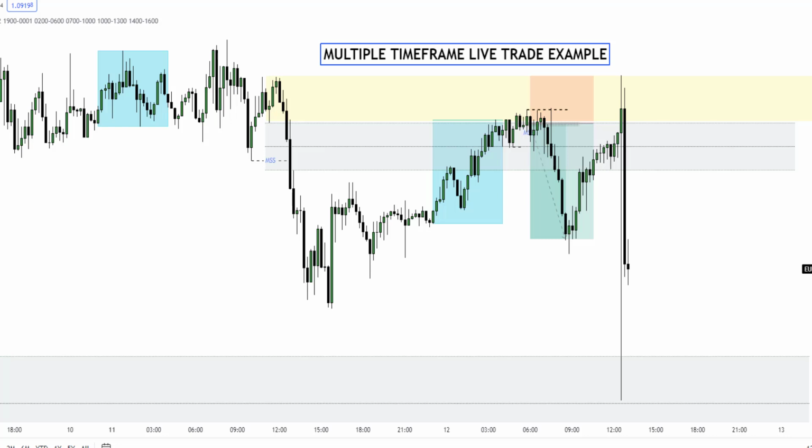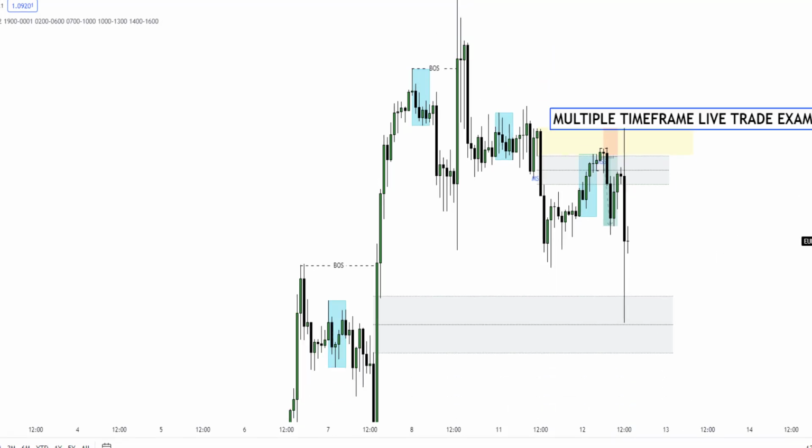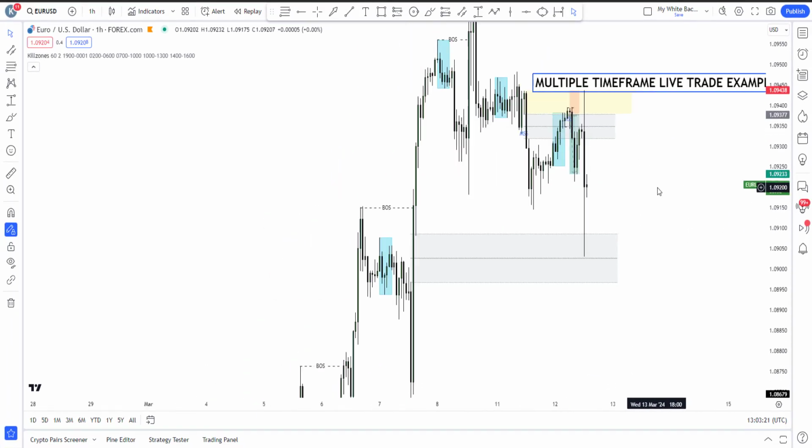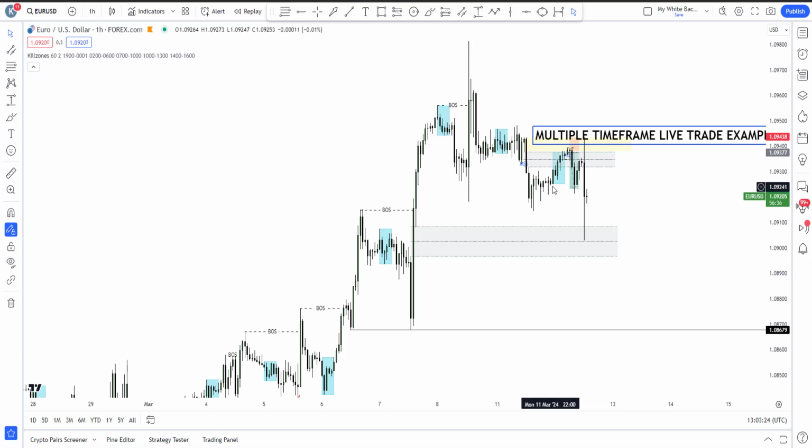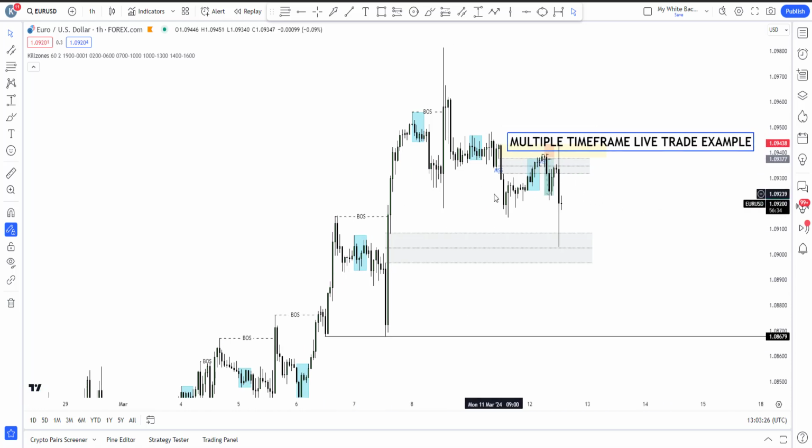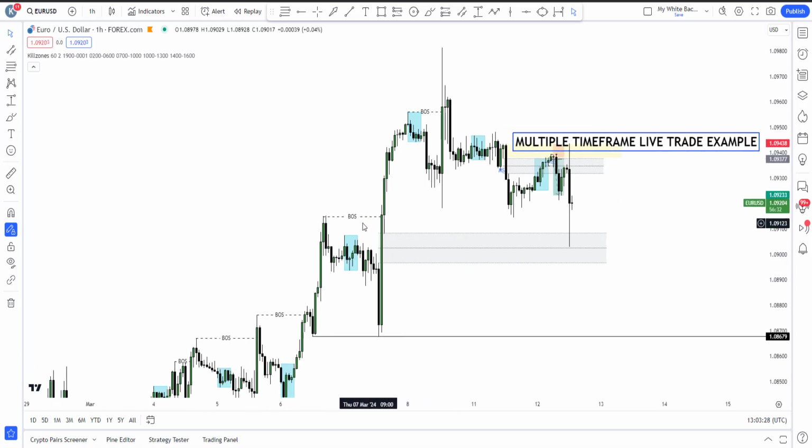So I started checking this because I said multiple time frame analysis. I started checking it from the 1 hour time frame. All right, very interestingly, look at the 1 hour time frame on Euro USD. Now overall, we know that Euro USD is actually bullish because the last time we had a break of structure was here. You see, boom, to the upside, reaching this area, retracing, hitting this fair value gap.